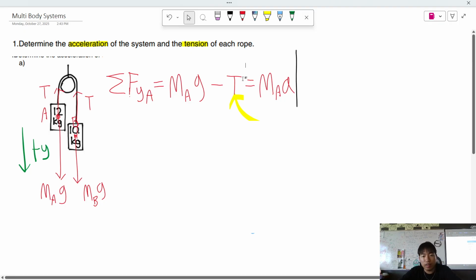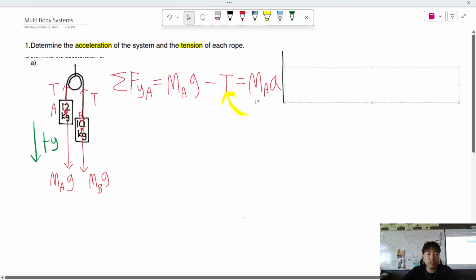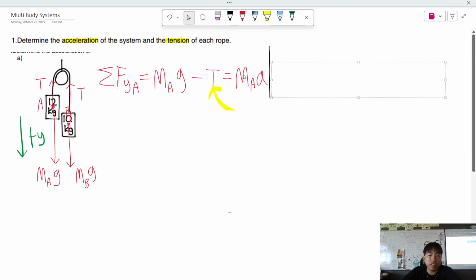This is a multi-system problem, so there's going to be another equation, but for object B. So let's go over here and start writing the same thing for object B. Sum of the forces in the y direction for object B is equal to, you guessed it, instead of MAG minus T, now it's MBG minus T, okay?